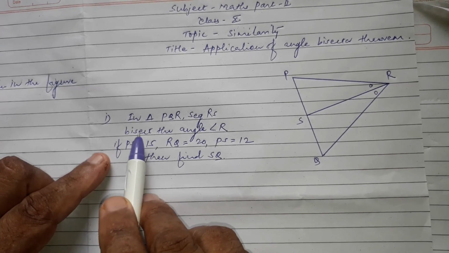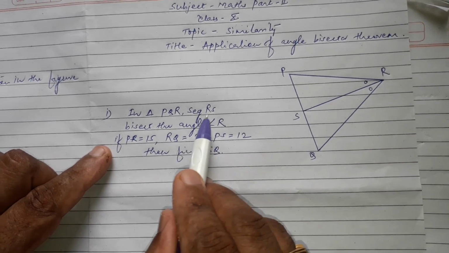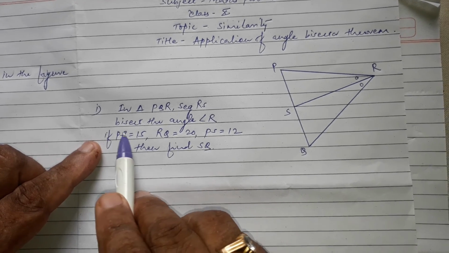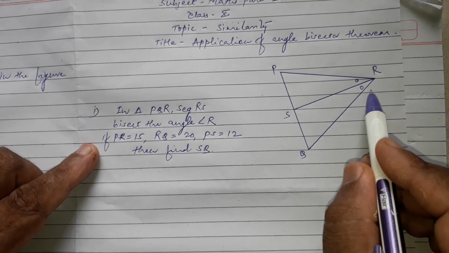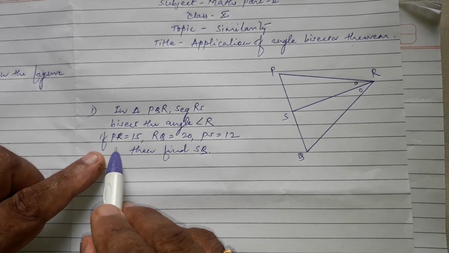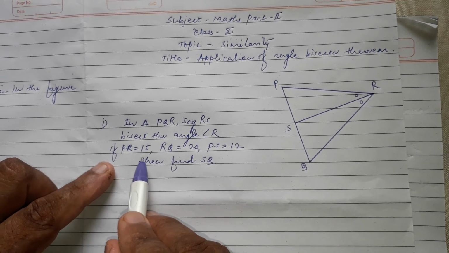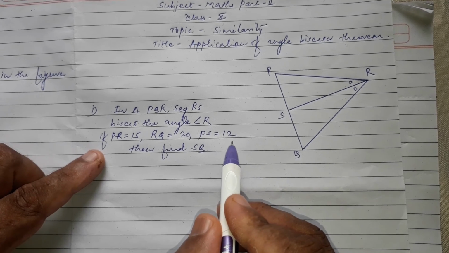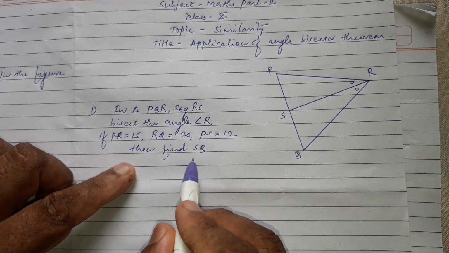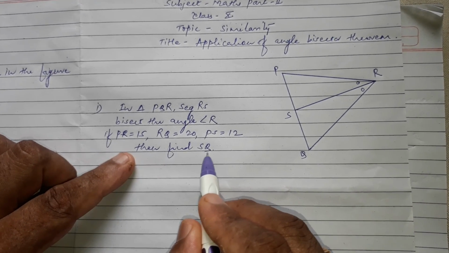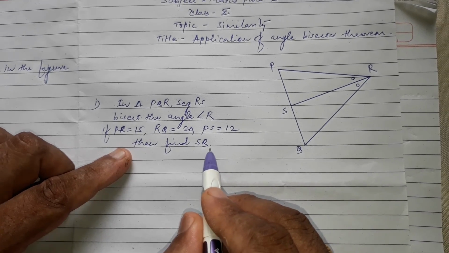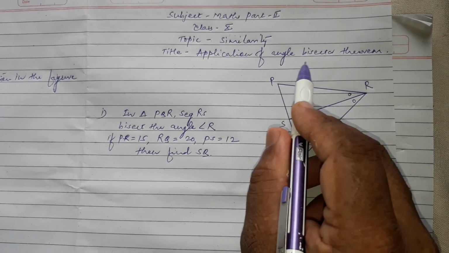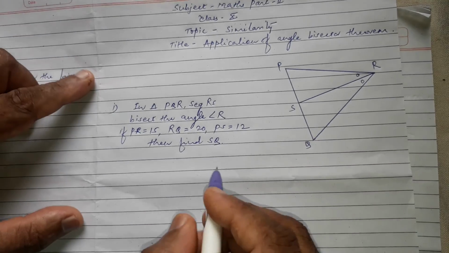In this example, in triangle PQR, segment RS is the bisector of angle R, and PR is given. PR is equal to 15, RQ is equal to 20, PS is equal to 12. Then we have to find the segment SQ by applying the angle bisector theorem in this triangle.